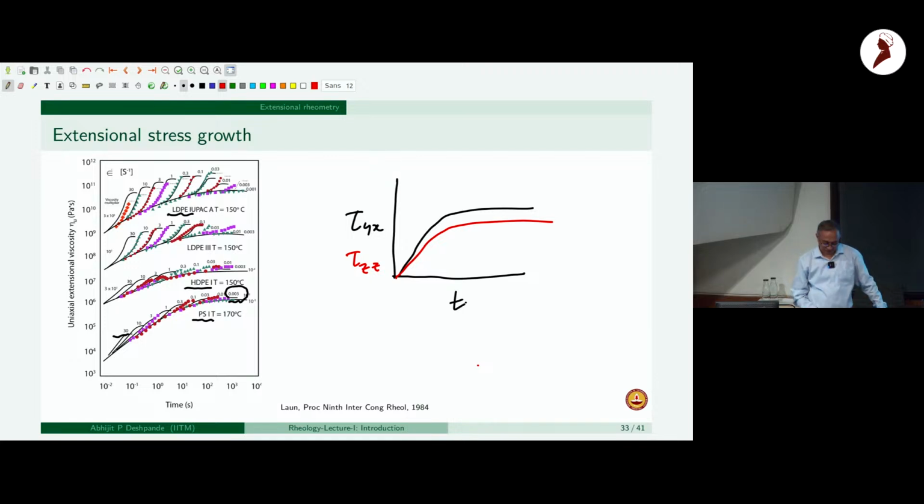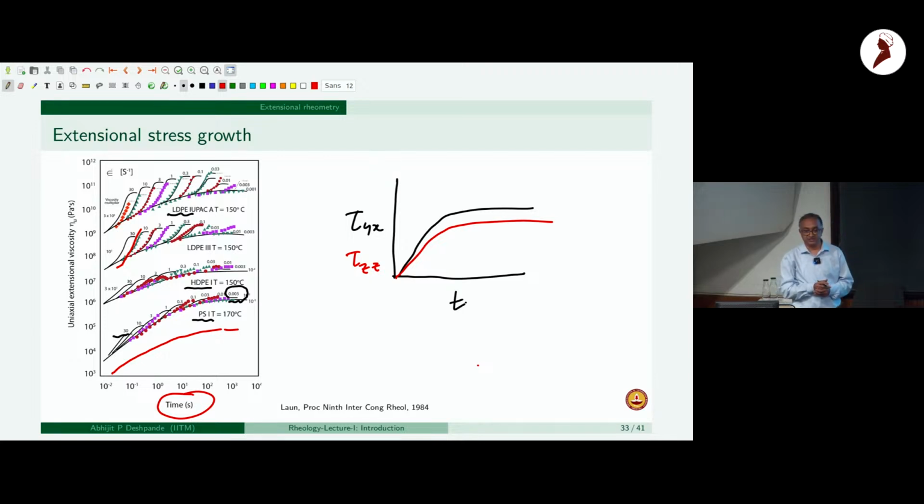So linear viscoelastic response would imply an increase and saturation. But for these branched polymers, you have this strain hardening, where the stress with time is basically directly related to strain, because strain rate, which is constant, times time gives you the amount of deformation in the material. So as strain increases, there is a pronounced strain hardening in the material.